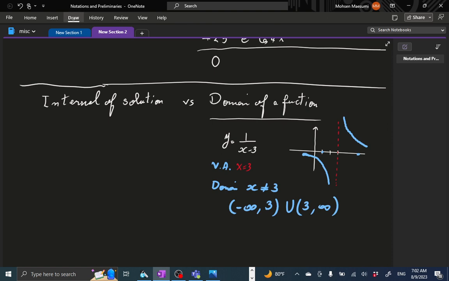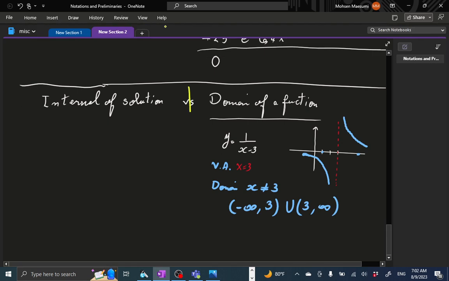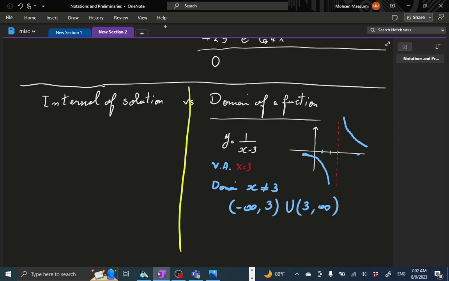Well, in differential equations, we have a dynamic point of view, meaning we have some entity or some phenomenon starting at a certain point of this curve and then progressing, either going this way or perhaps going this way.